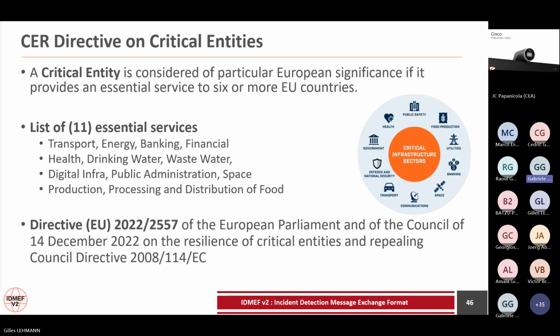So here we have transportation, energy, banking and financial, health, drinking water, wastewater, digital infrastructure, public administration and space, production, processing and distribution of food. So those 11 essential services might be considered as the new frontier of critical infrastructure, and they have to be protected, actually. Next, please.